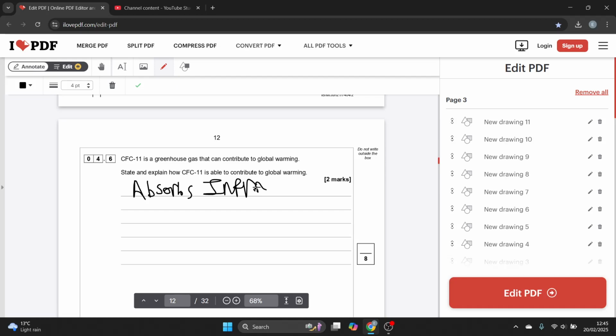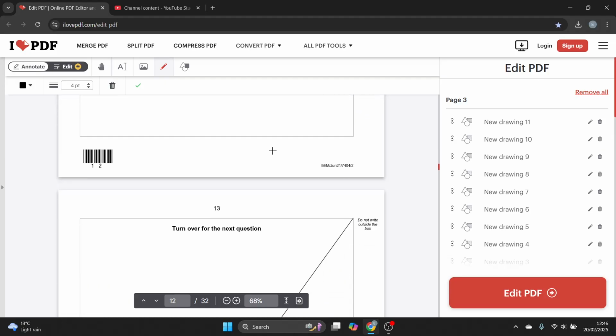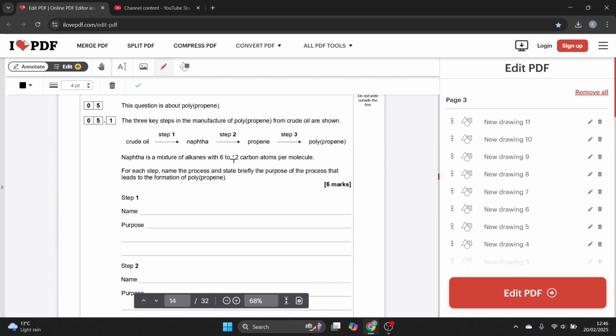The molecule has polar bonds. Question 5. 3 key steps to manufacture polypropylene from crude oil are shown.